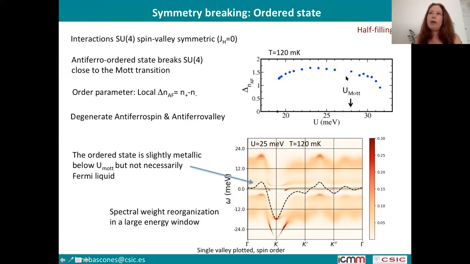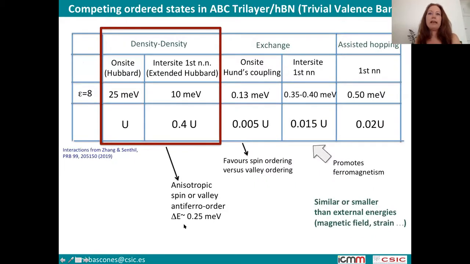The system, if we are below the Mott transition, seems to be slightly metallic, but this is not necessarily a Fermi liquid. And we find that even if the difference in energy is quite small, we can find a spectral weight reorganization in a larger energy window. So let me just end with this slide.